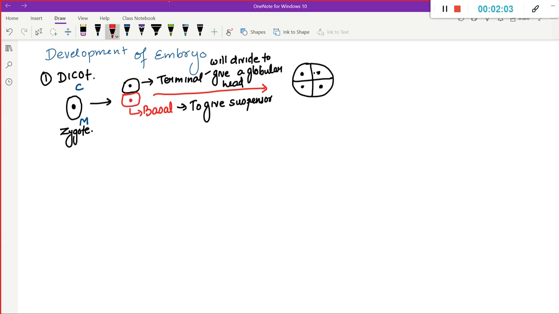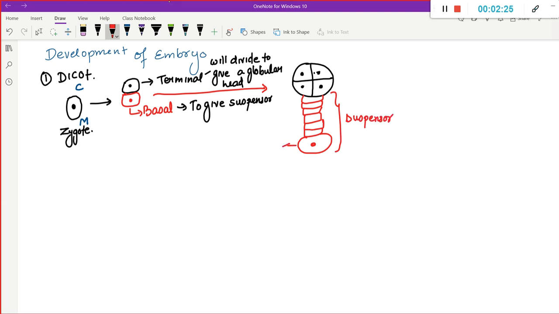We have numerous cell here, 1 2, like this many cells will be there here. And if we are talking about the cells, what do we see here is the last cell will be a bit larger in size. So if we look at the entire group of cell, this is called suspensor.